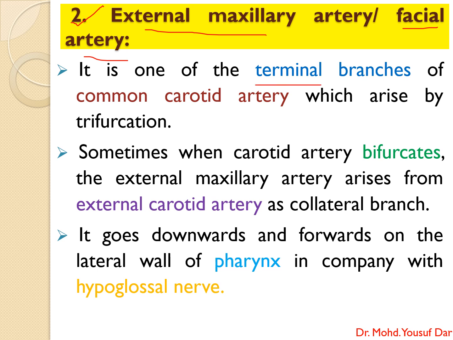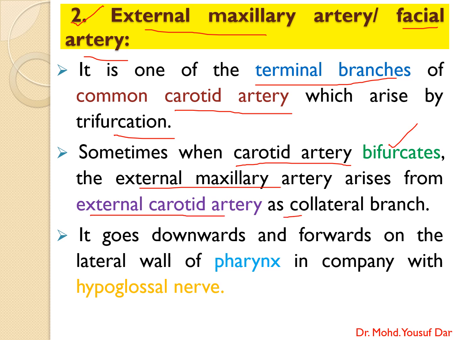It is one of the terminal branches of the common carotid artery, which arises by trifurcation. As we have already discussed, when there is trifurcation, then the external maxillary artery arises from the common carotid artery. But when the carotid artery bifurcates, then the external maxillary artery arises from the external carotid artery as a collateral branch.